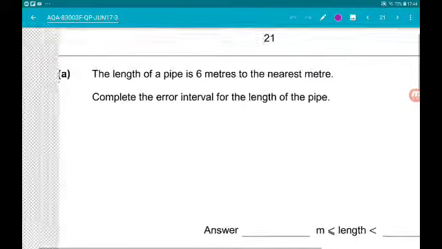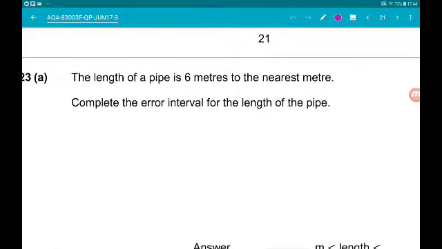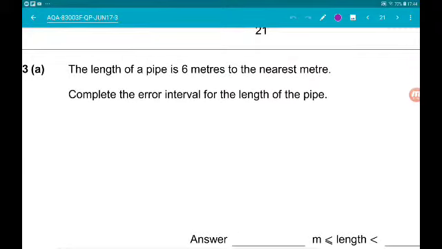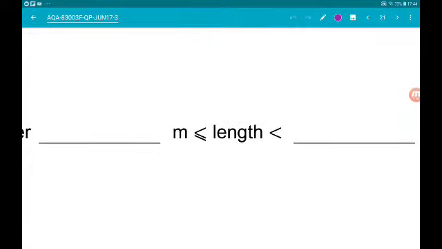Okay, 23 says the length of a pipe is 6 meters to the nearest meter. We want to complete the error interval for the length of the pipe. So, an error interval is the range of values that the actual length could be before being rounded.